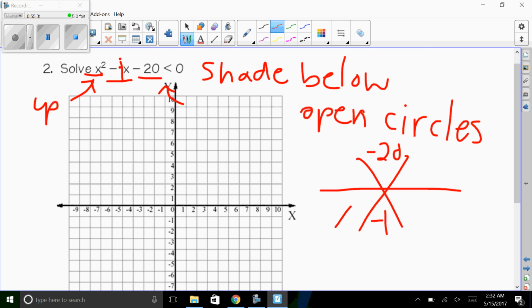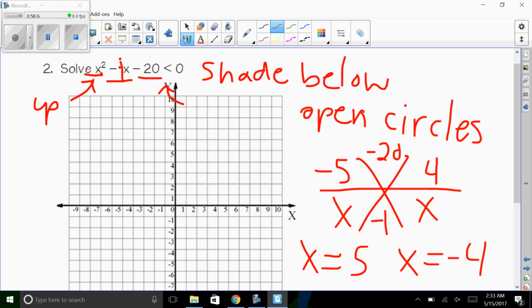Leading coefficient is just a 1x squared, so we'll put x here. All right, the two numbers I'm going to use are negative 5 and 4. Those multiplied to get me negative 20, but when I add them, give me negative 1. Alright, so my two x-intercepts, remember to take the opposite of the sign. So that would be a positive 5 and a negative 4.